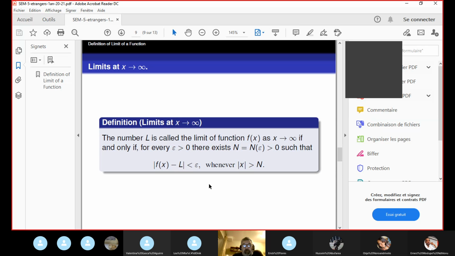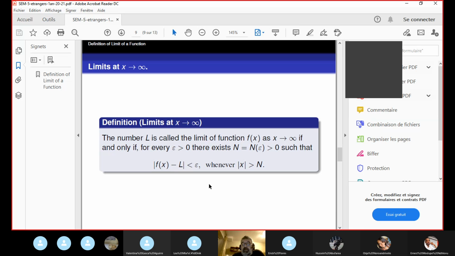So here in this slide, we say that the number L, capital L, is called a limit of my function f of x as x goes to infinity if for every positive epsilon there exists N, capital N, which depends on epsilon, such that the absolute value between f of x and L is less than epsilon for any x whenever the absolute value of x is greater than N. Why do we write the absolute value of x?